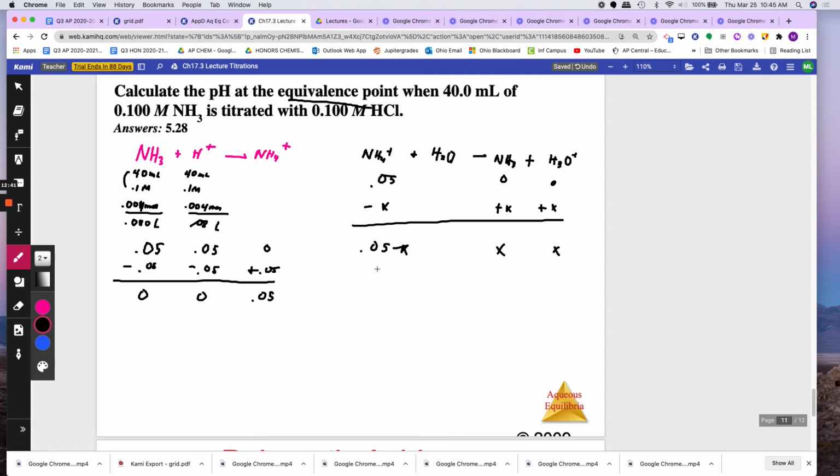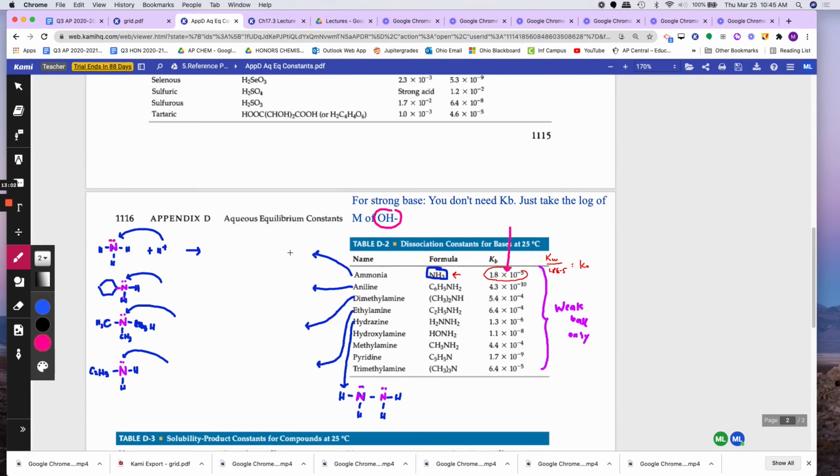I'm going to look for the Ka. This is the Kb, so I have to convert that to the Ka. So 1e negative 14 divided by Kb. What's Kb? I think it's 1.8e negative 5, right? It's over here.